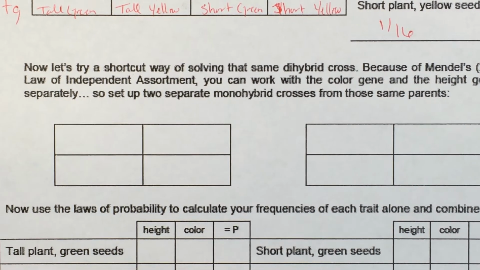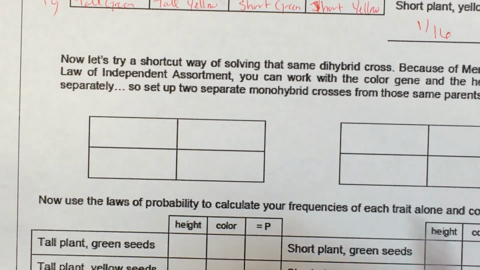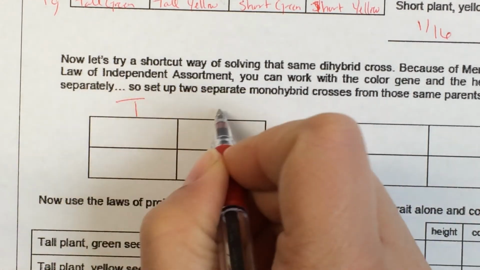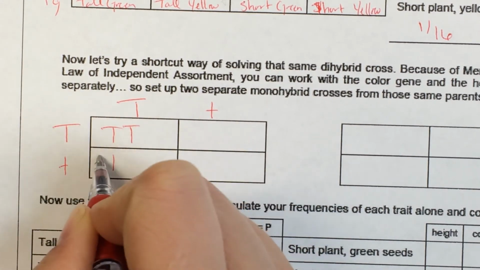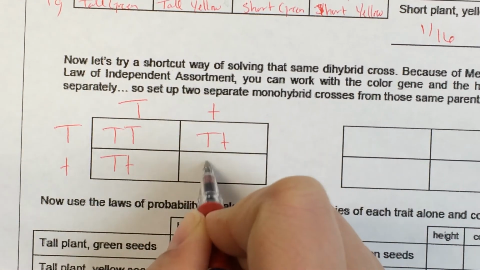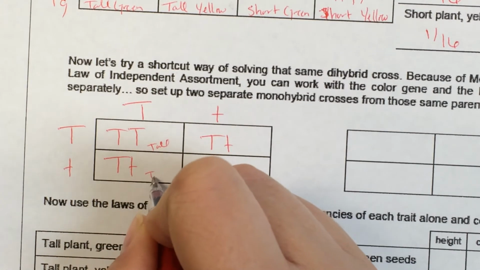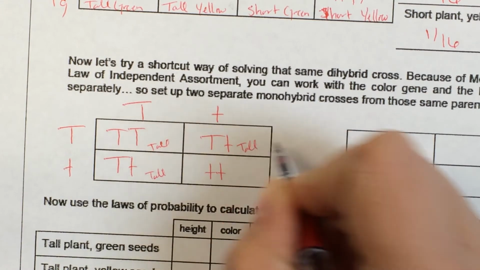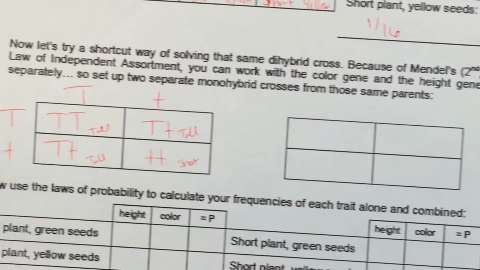So basically what we do on this one is we just do mini Punnetts. We look at just the height gene. We know that we had heterozygous parents, so we would draw out the Punnett for that. So here we've got tall, our phenotype, tall, tall, tall, and this one is short.